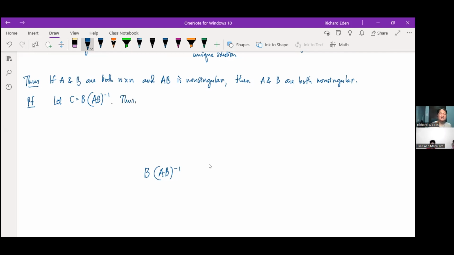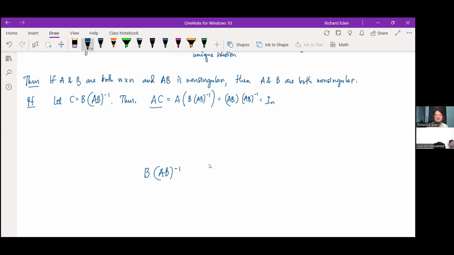What would happen if we multiply A and C like this? AC is equal to A times B times the inverse of AB. By associativity, that is AB times the inverse of AB, which equals the identity.